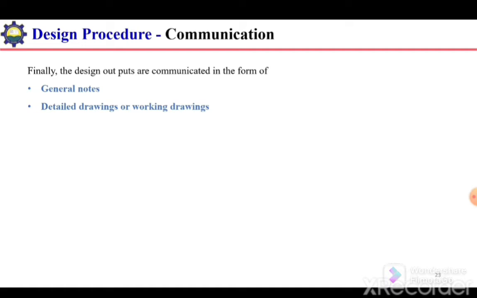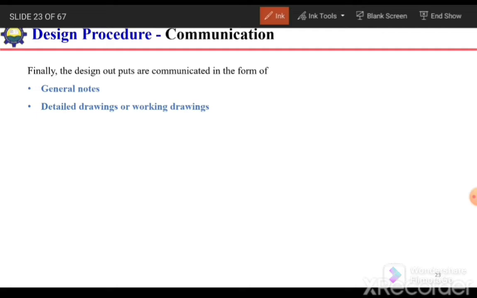Once we have proportioned our sections, the next is to communicate. We have decided the dimensions of the section, we have decided the material. So next is to communicate for the execution purposes. So the communication of the design outputs is made by using journal notes as well as drawings.